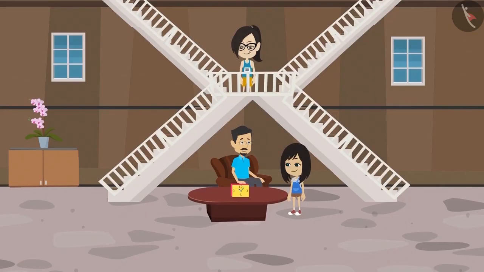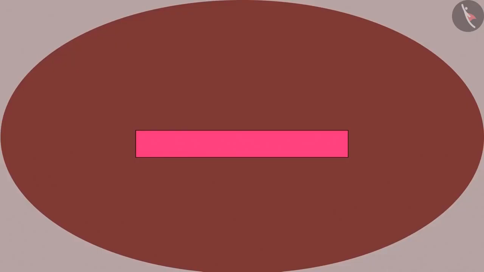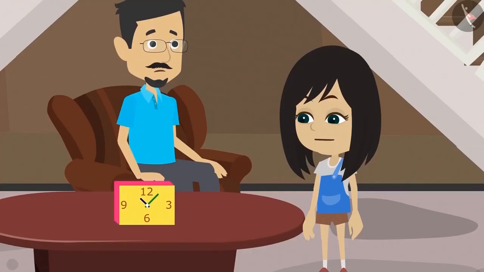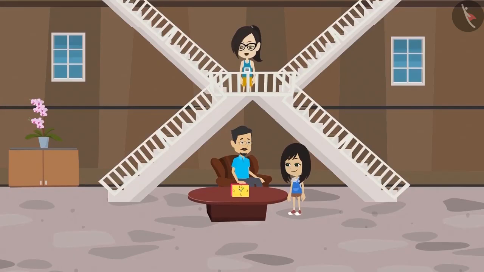You can see the clock now. Vandana, now you tell me, how does the clock appear to you? I cannot see the clock. Instead of a clock, I can see a pink-colored box. This means the clock appears to you the same way it appeared to me, like a pink-colored box. Yes, and you can see the clock, like I was able to see from here.